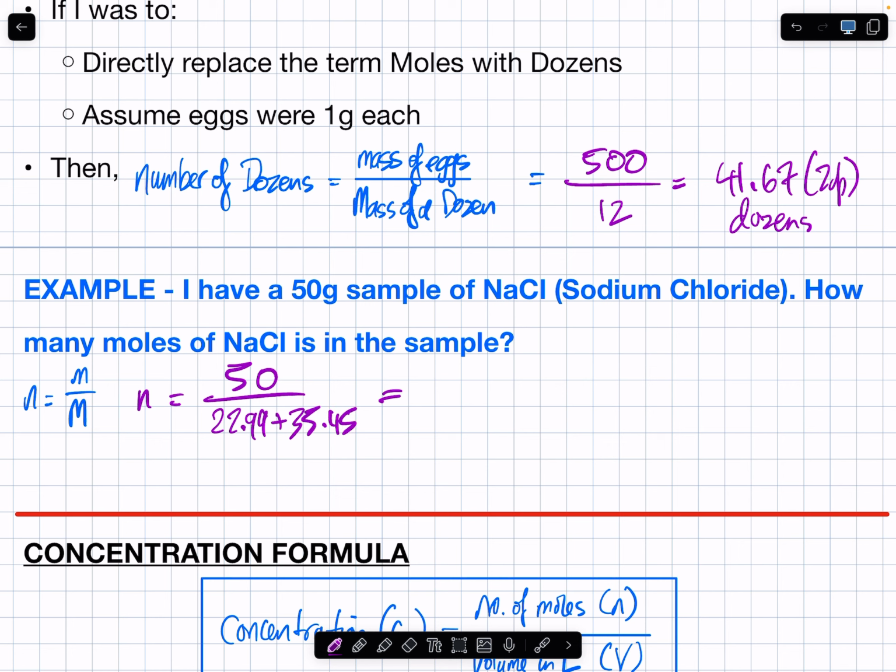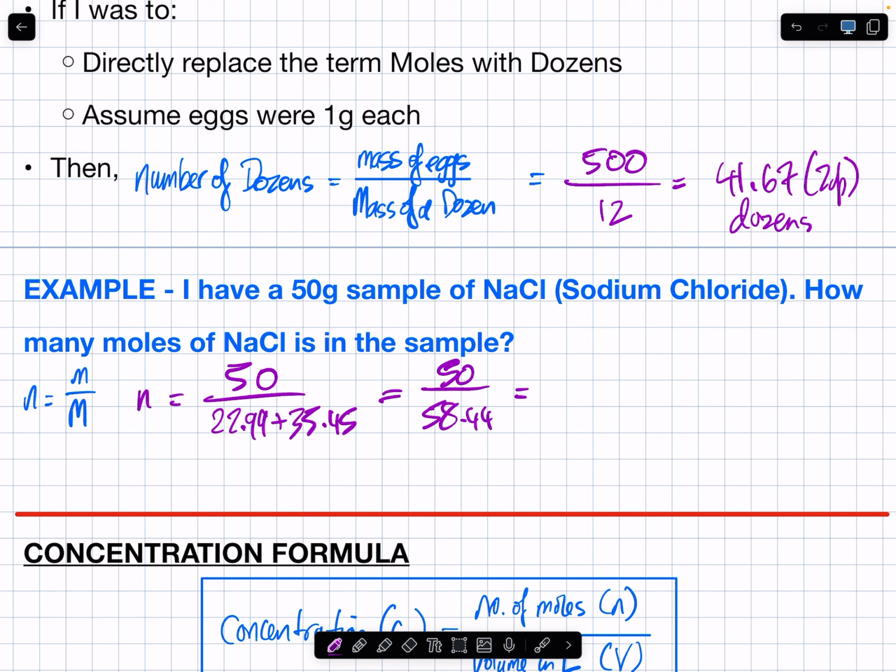So I'm dividing the mass of 50 grams of this salt stuff by how heavy 1 mole of the stuff is meant to weigh. So it's going to be 22.99 plus 35.45. So it's 50 grams of salt divided by 58.44 grams is what 1 mole of sodium chloride should be.